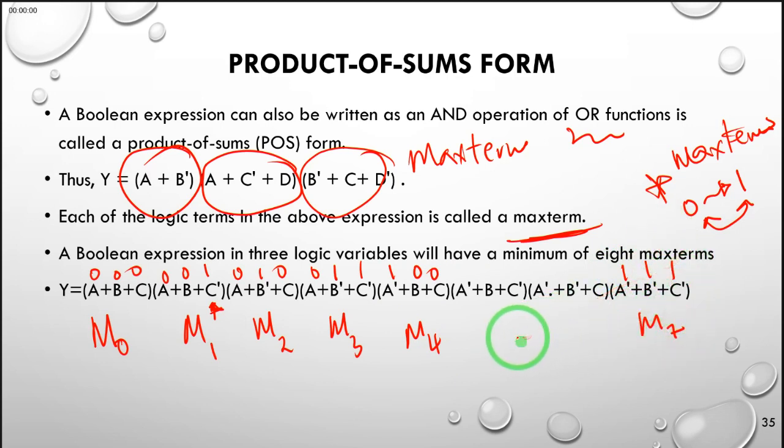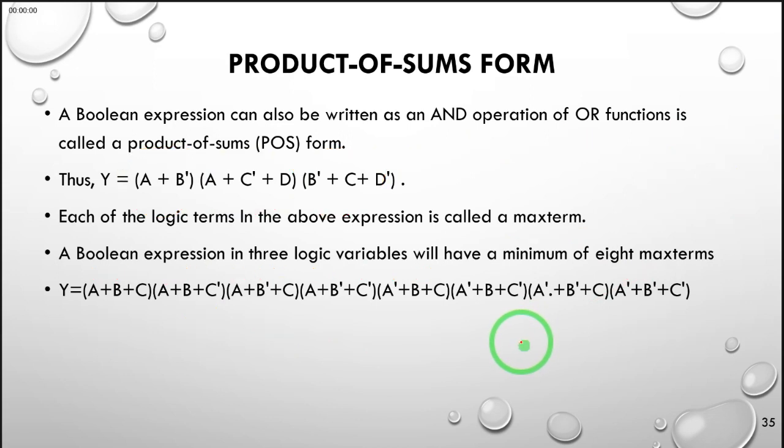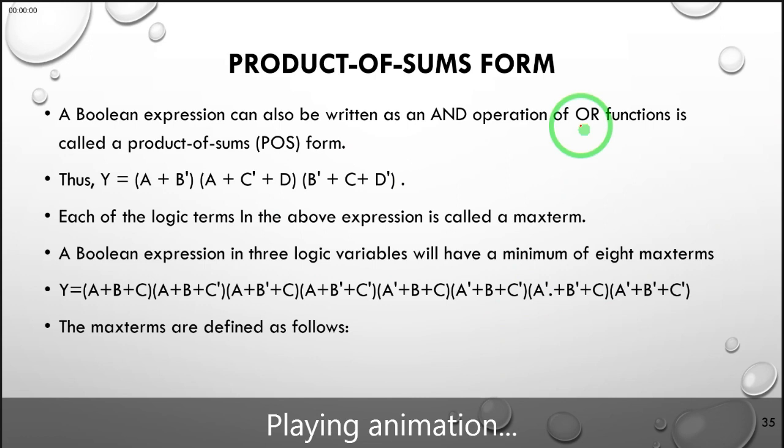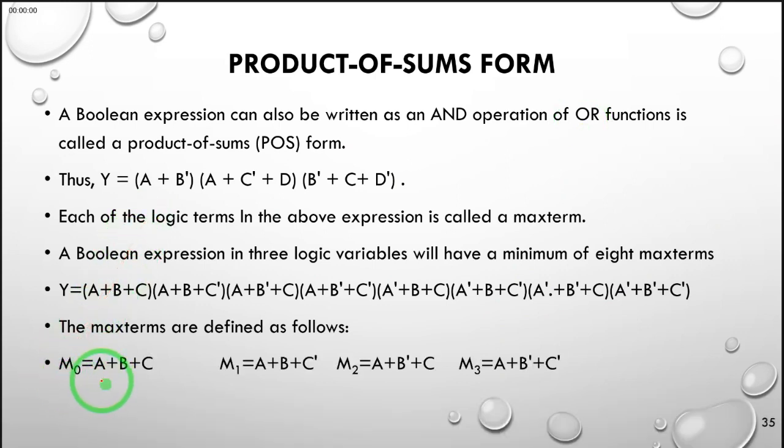So we can now formally define the max terms as follows: M0 is represented by all the uncomplemented variables A, B, and C. M1 is just as I said. To easily remember, when you're talking about max terms, not min terms, notice that the uncomplemented variable is represented by a 0, and the complemented variable like this one is represented by a 1.